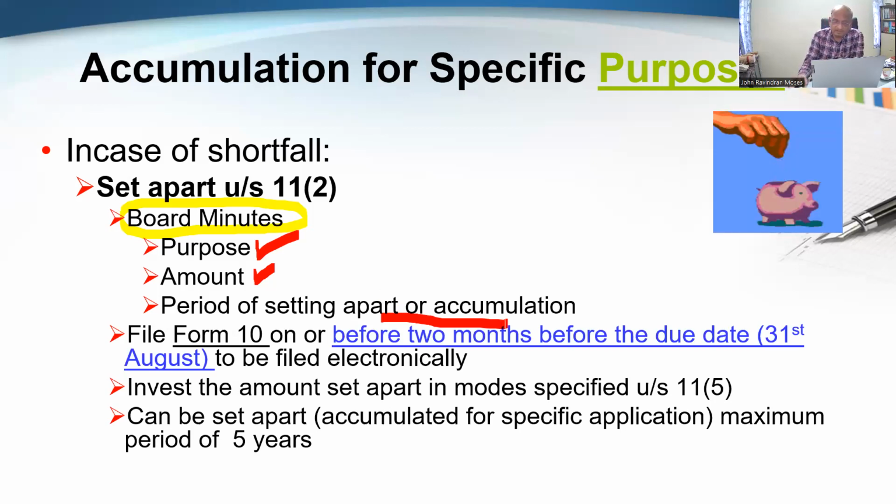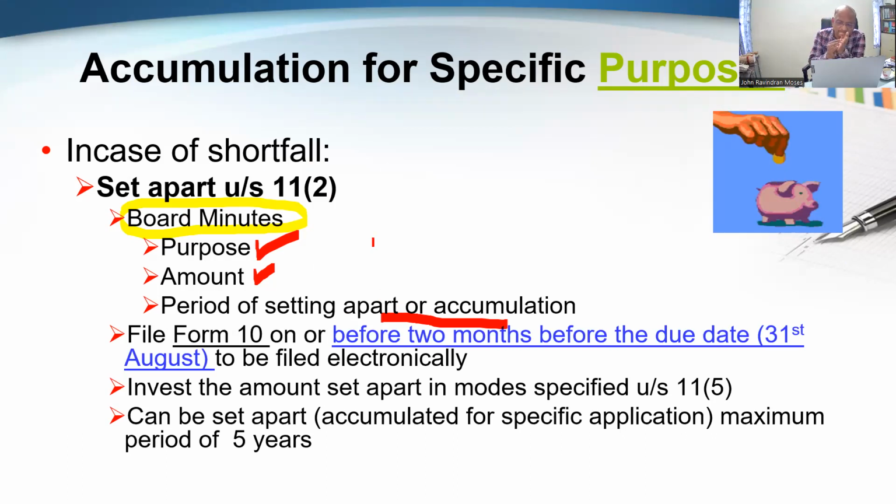Let's say the organization is saving, earmarking or accumulating funds for a school building, or let's say a school bus. So they will have a board meeting and say that we are setting apart or accumulating an amount of 20 lakhs for the purpose of school building, 10 classrooms to be constructed.